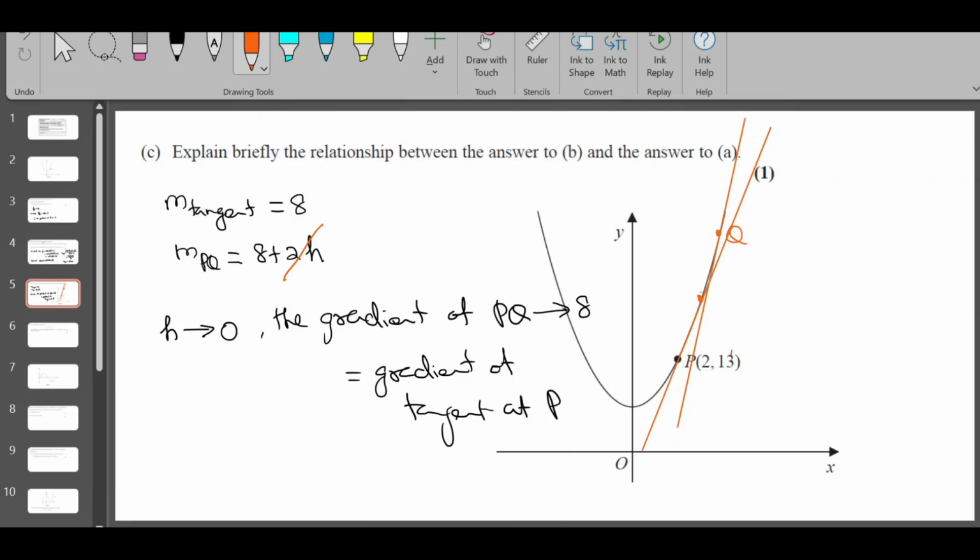So as you move closer and closer, when the point Q sits on top of P, that means when it merges with P, that means Q becomes P, the tangent will be the same tangent at P. This tangent. So the slope of this orange line, the orange line becomes the blue line now, so the slope will be 8. So this is what you need to write to get 1 mark.